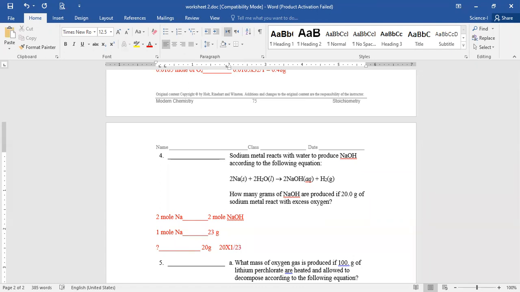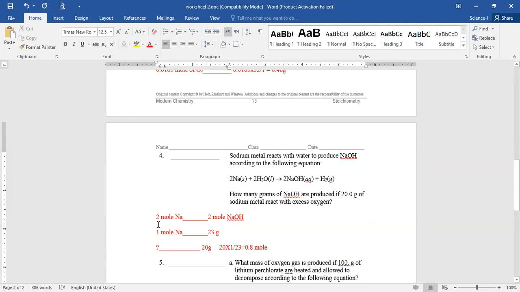Use your calculator. It equals 0.8 mole of Na.